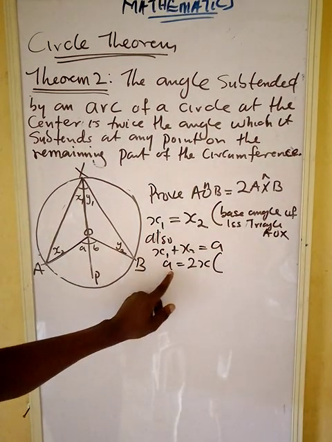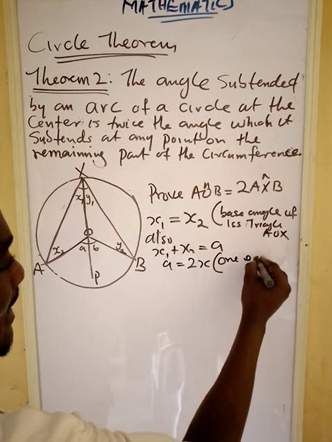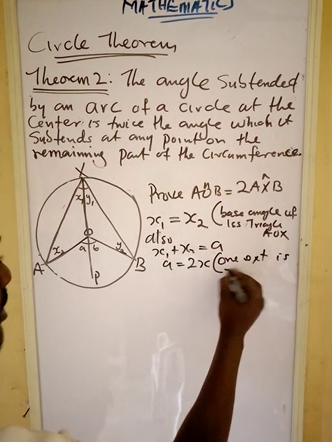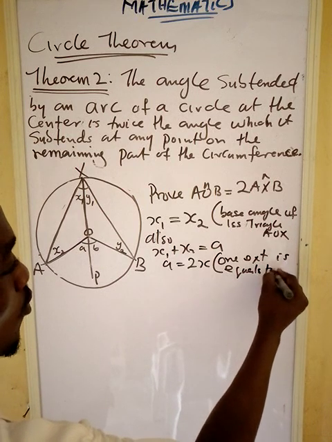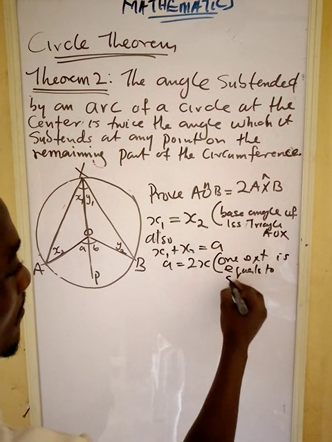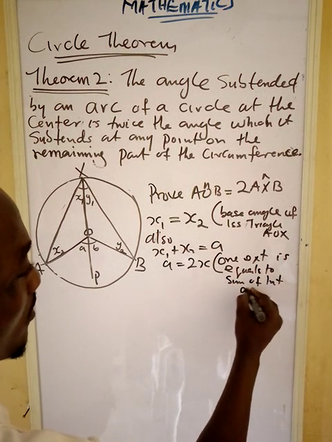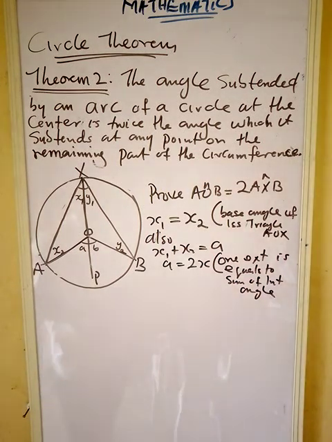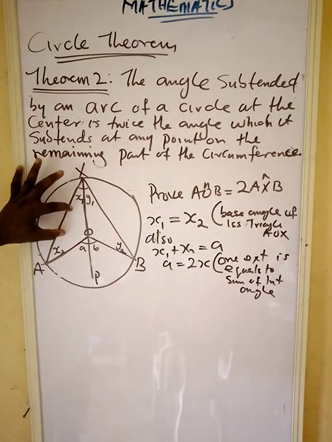One exterior angle is equal to the sum of the interior angles. This is the exterior angle and these are interior angles.